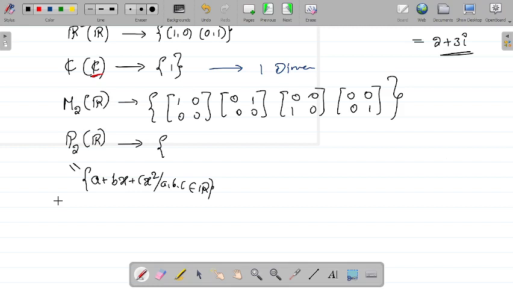And next, x and x square. Yeah, correct. If you want 2 plus 3x square, what I'll do is take them as v1, v2, v3: 2 times v1 plus 0 times v2 plus 3 times v3 will give me 2 plus 3x square. So this is the standard basis set for the set of all polynomials of degree at most 2.